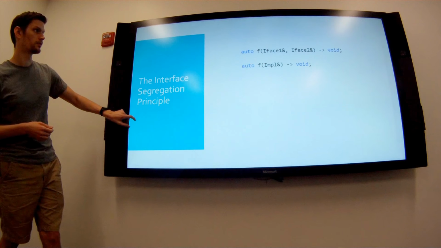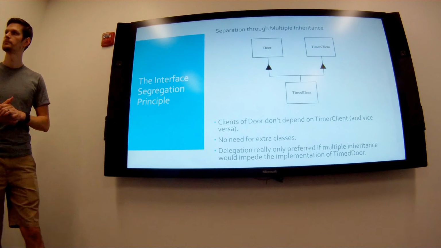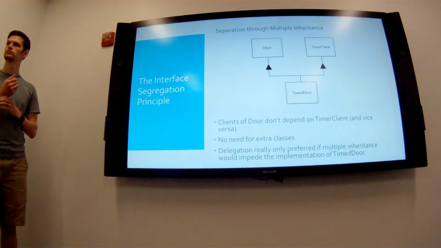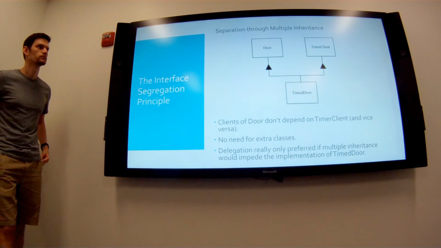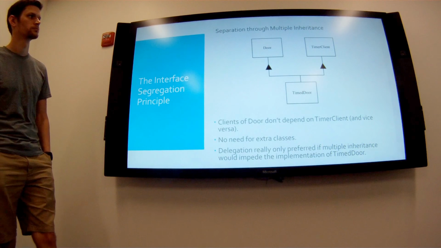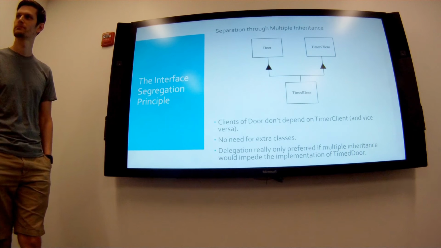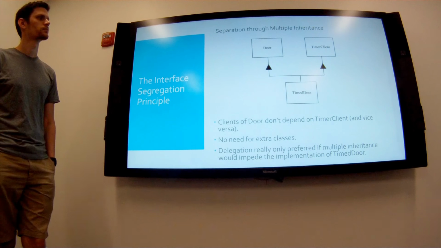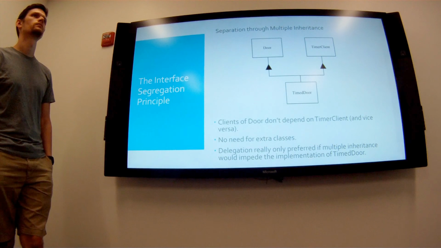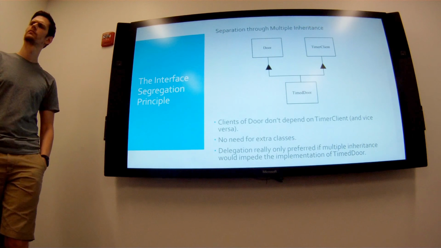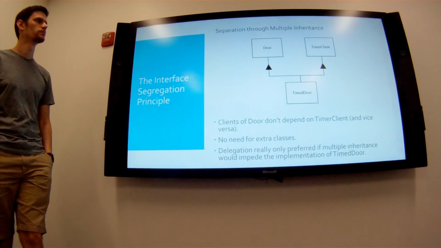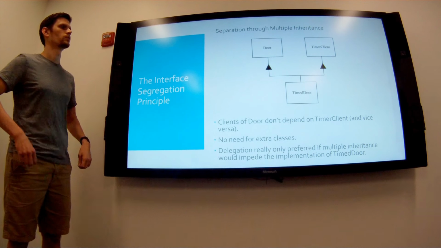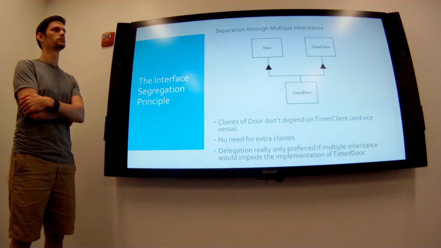This might be it. It might be worth noting that depending on how you do it, when you implement a timer client like this, with the multiple inheritance trick, it's now important that you make sure that no other clients are using timer client. A client of timed door could conceivably say, hey, you're a timer client, right?